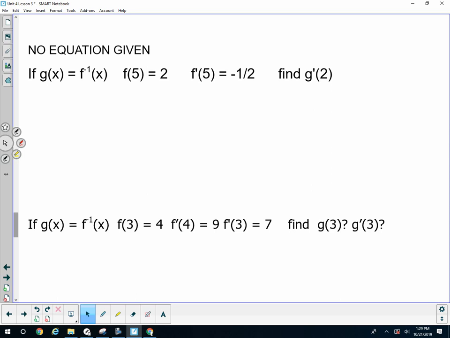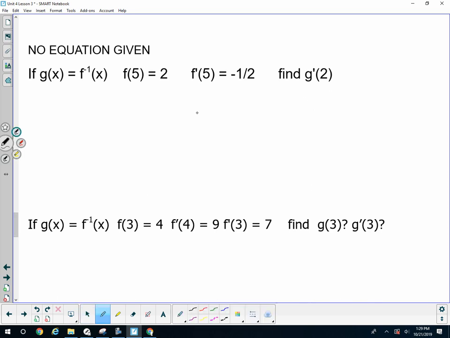And flip-flop. If I know the derivative of f at 5, I will know the derivative of g at 2. Just the reciprocal. Just flip-flop. It's right there. Answer's -2.